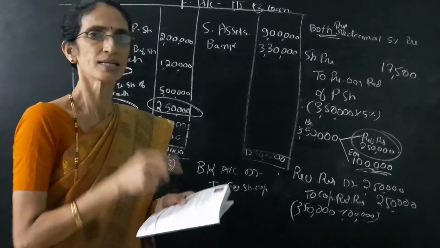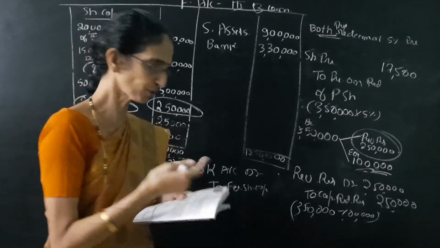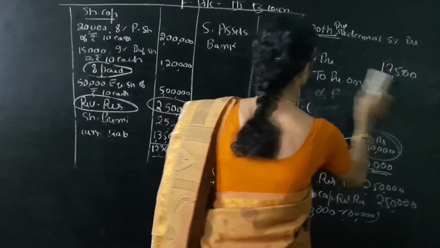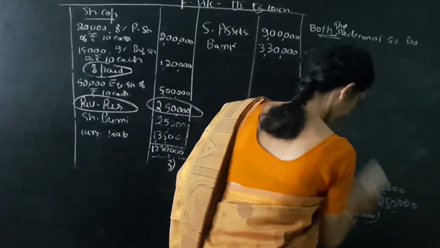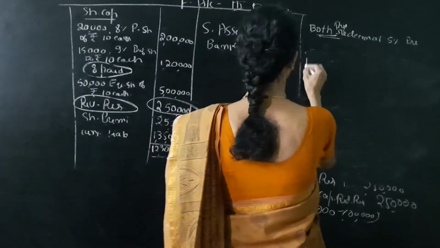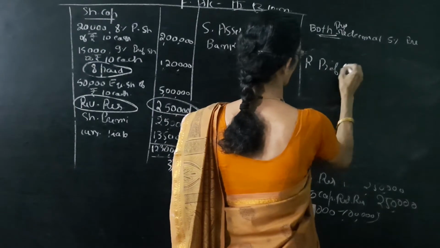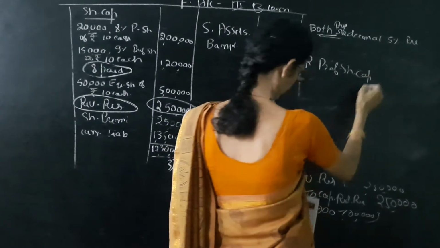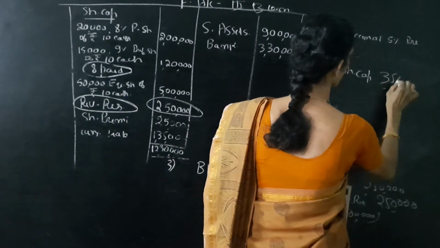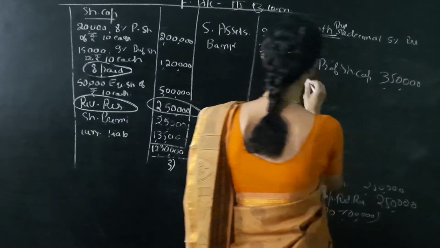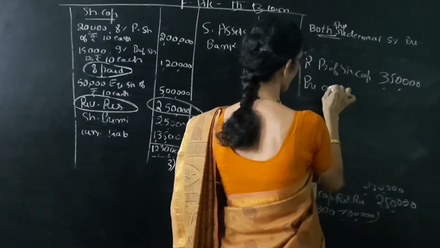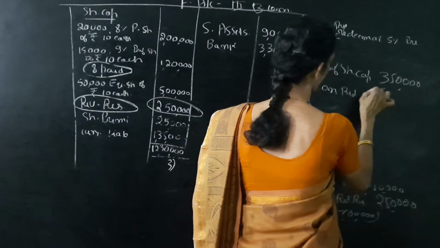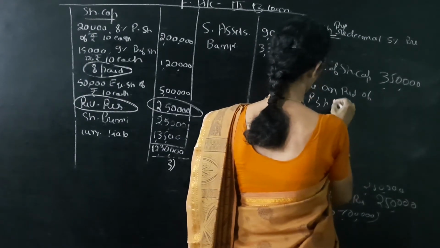Then we have to transfer the capital and premium to shareholders. So the entry is redeemable preference share capital account debit. The total capital we have to redeem is 3,50,000. Then premium on redemption of preference shares account debit.